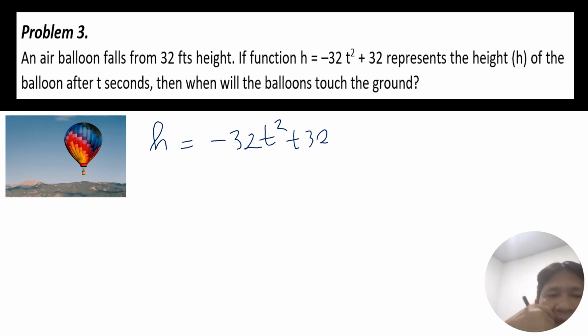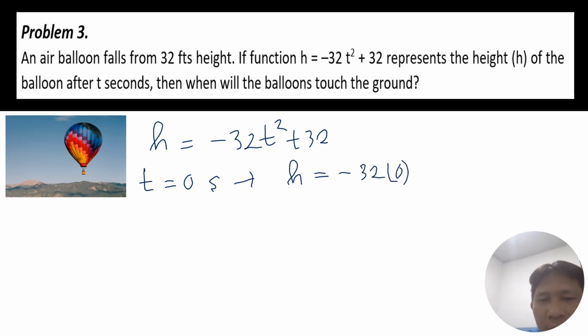Let's try to understand the situation. I mean, what happened when the value of t, the time, equals 0 seconds? We can enter the value of t equals 0, then we can get the height of the air balloon equals negative 32 times 0 squared plus 32.